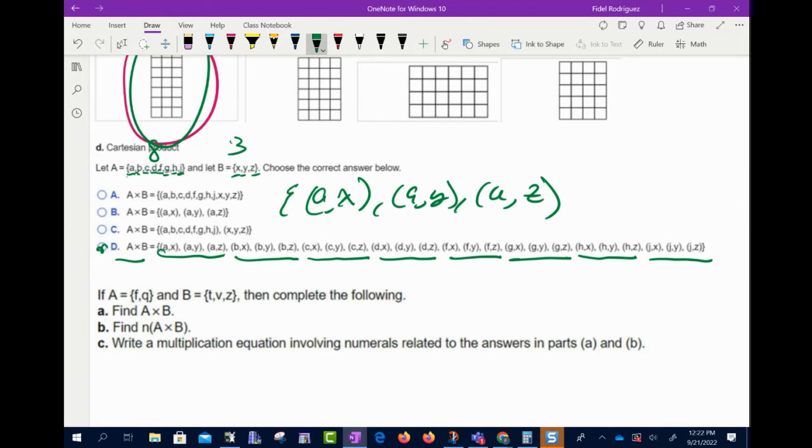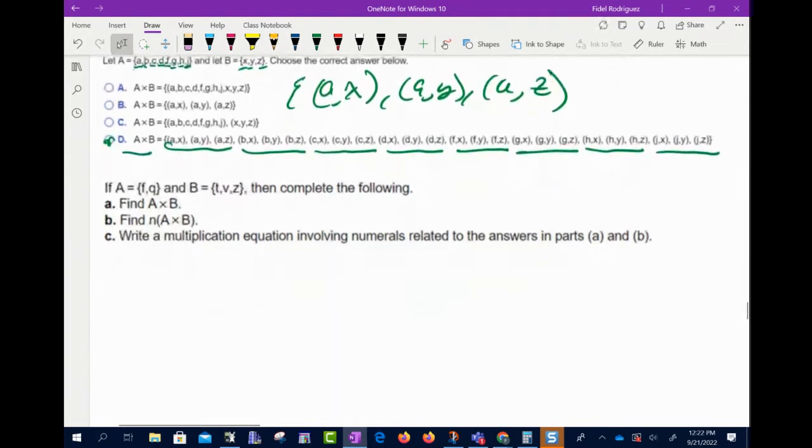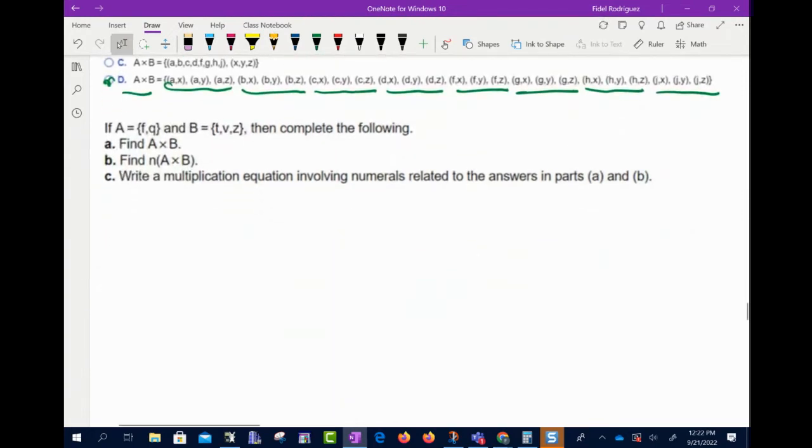All righty. So let's continue here with cross products a little bit, y'all. And the next part here says, if my set A is the letters F and Q, and my set B are the letters T, V, and Z, then the first thing we want to do for part A, we'd like to find the cross product, okay? So if we're going to find the cross product, we're going to make ordered pairs.